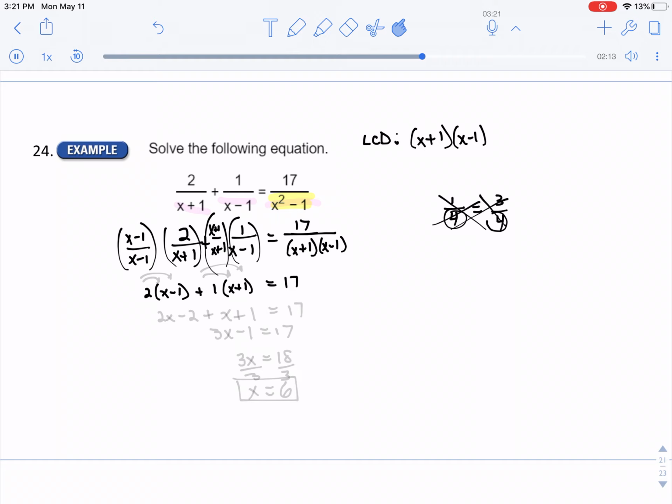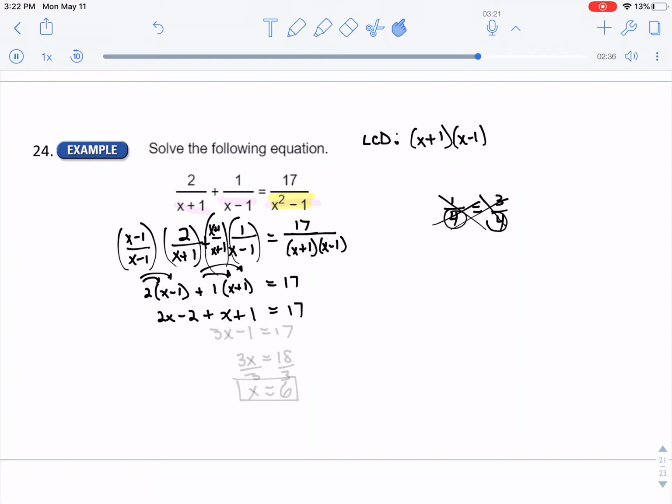So now that I've got this common denominator, the only way the left can be equal to the right is if the left numerator equals the right numerator. All right, now I'm going to distribute my 2 and distribute my 1. 2 times x minus 1 is 2x minus 2, plus 1 times x is x, and 1 times 1 is 1, equals 17.